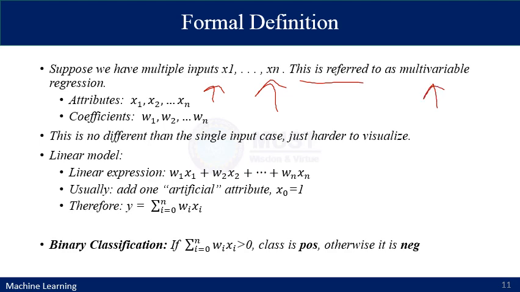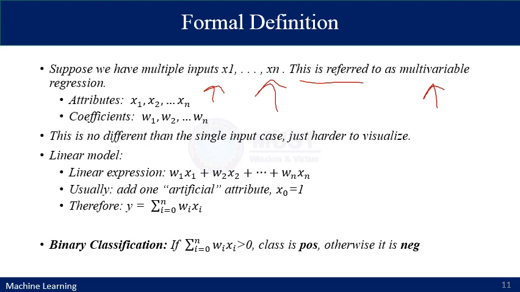It can have different attributes ranging from x1 to xn and different coefficients w1 to wn to multiply by each input attribute. So it is no different than the single input case, but it is just a little harder to visualize in a two-dimensional space.